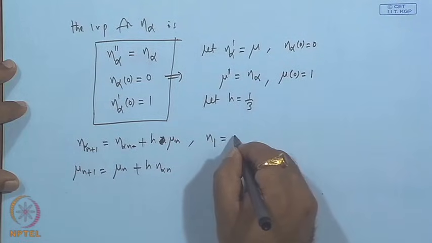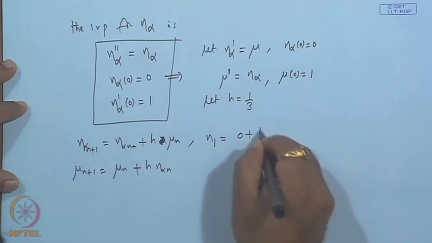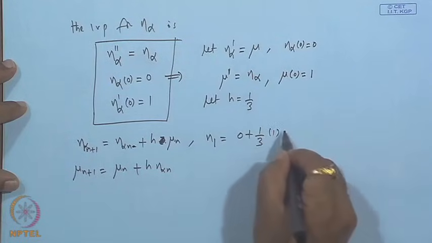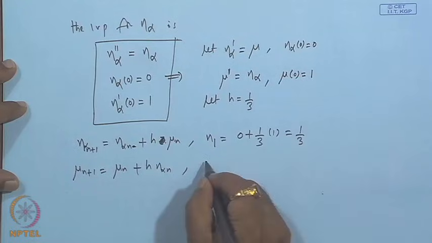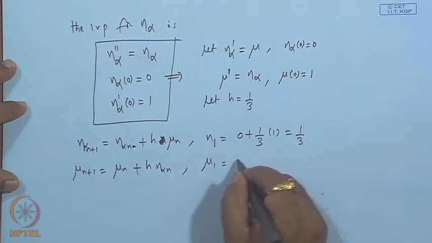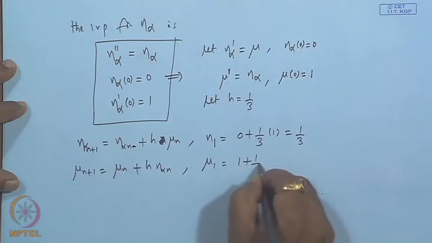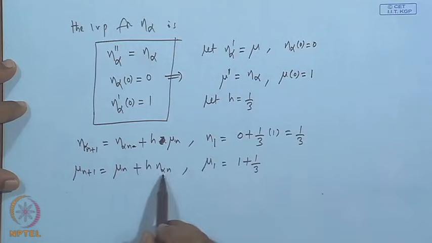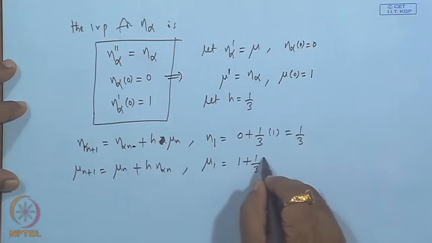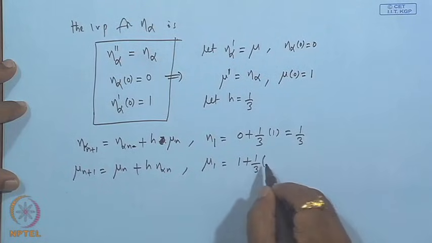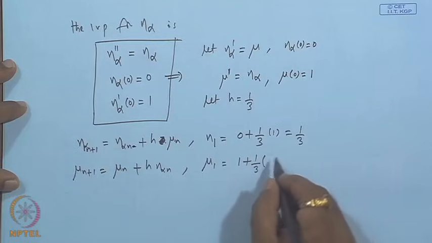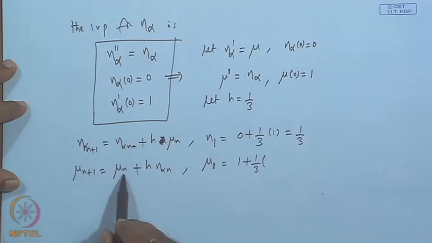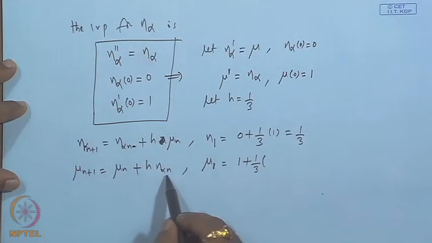So, eta 1 is eta 0 plus h mu 0, and mu 1 is mu 0 plus h eta 0.